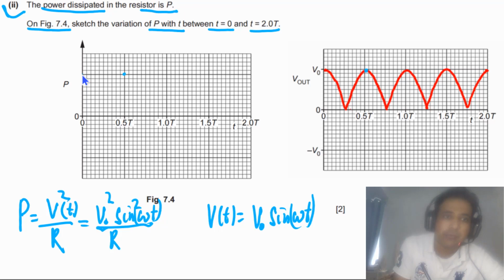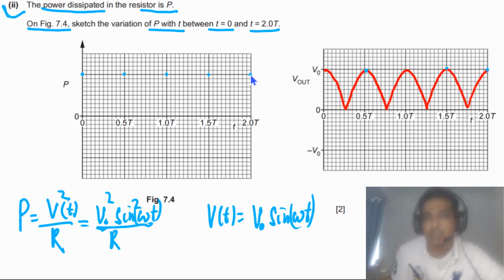V is maximum at 1, so power has to be maximum here. V is maximum at 1.5, and V is maximum at 2.0, so power has to be maximum at this point as well.